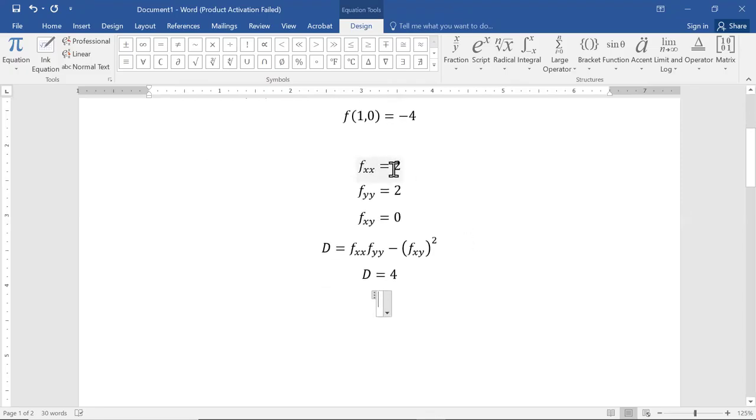The f sub xx is positive. The D is positive.